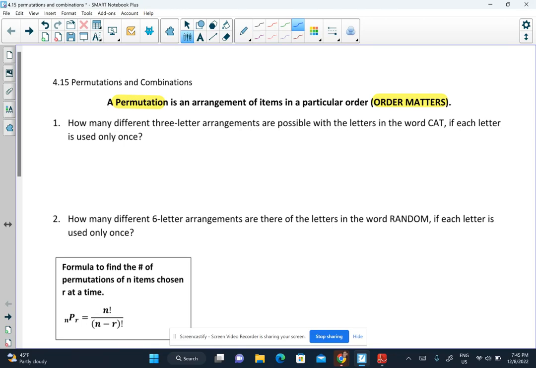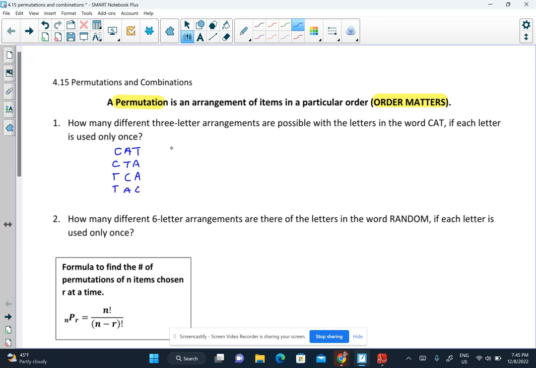How many different three-letter arrangements are possible with the letters in the word cat if each letter can only be used once? We can actually do this by hand to get a sense of how to do this. So CAT would be one way, and then we can do CTA, and we can do TCA or TAC.